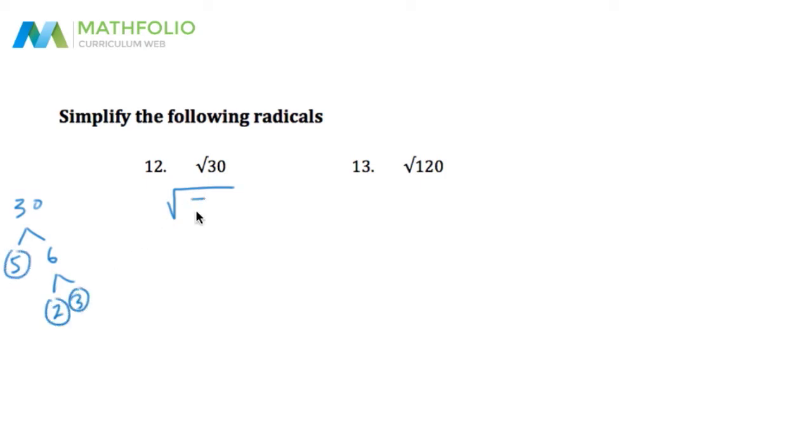So 30 is really 5 times 2 times 3. So it doesn't even matter if we give them their own umbrella. There's nothing that we can remove and extract from underneath this radical. Because there's no single number here that we can square root, we've got to leave our answer as the square root of 30. That's as simplified as it gets.